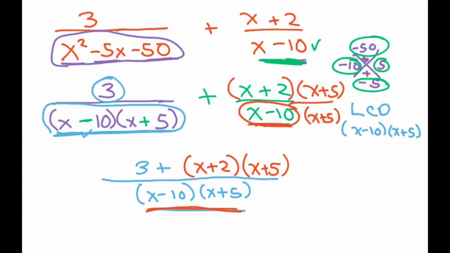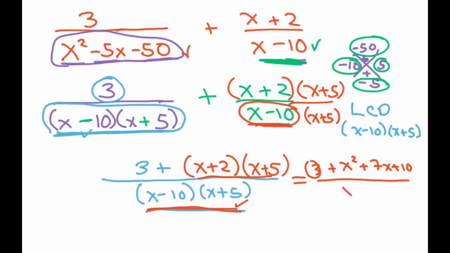Now, all we have to do is simplify this, so we get 3 plus, FOIL this out, you'll get x squared plus 7x plus 10. And then we're going to have to add this 3 to the 10. I'm going to go ahead and rewrite this one back to this.